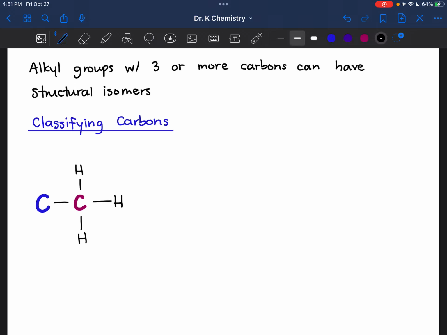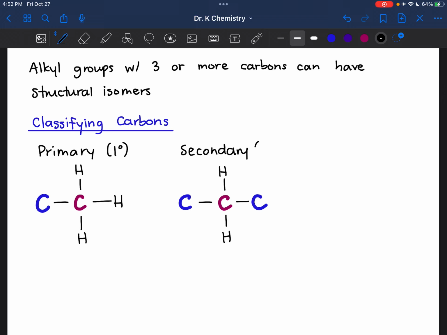If it's connected to one other carbon, then we call it a primary carbon. If we connect that carbon to 2 carbons, so this pink carbon right here in the middle is connected to 2 different carbons, then we call it a secondary carbon.